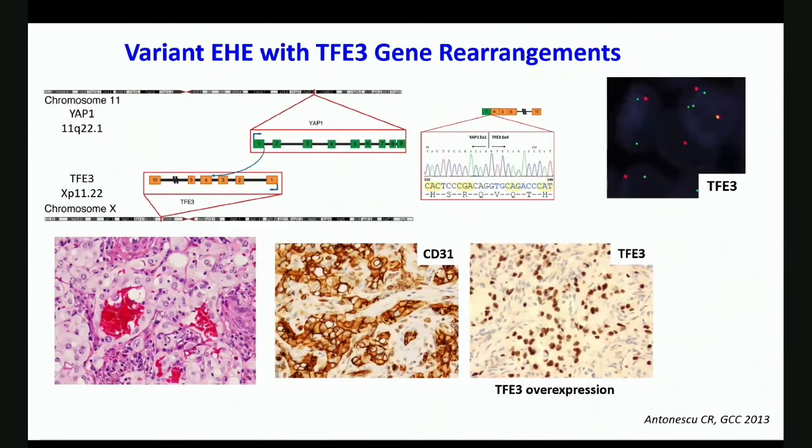In 2013, our lab identified a subset of EHE harboring YAP1-TFE3 fusions with a different morphologic appearance, with overt vasoformation, as shown here, and strong TFE3 overexpression.